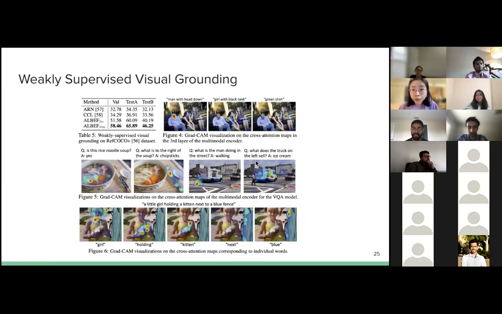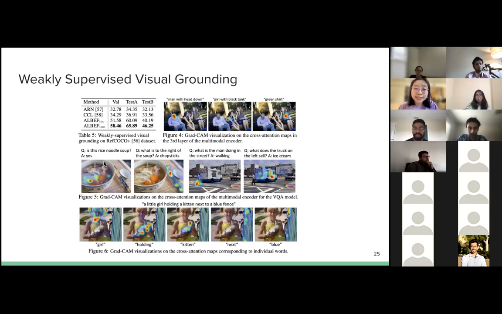And in terms of visual grounding, the authors actually did some experiments using the GradCam visualization to visualize the cross-attention maps used in the multimodal encoder to make the results a little bit more interpretable.